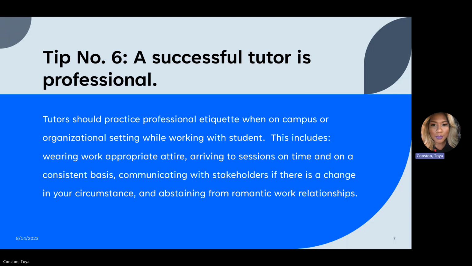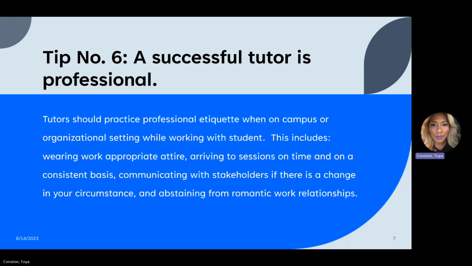So when you arrive at your campus or at the school in which you are working with your student learner, you want to make sure that you are upholding the highest standards of professionalism while there. Not only are you serving as a tutor, but you're also serving as a representative of the ACES Institute, the University of Houston, and yourself.